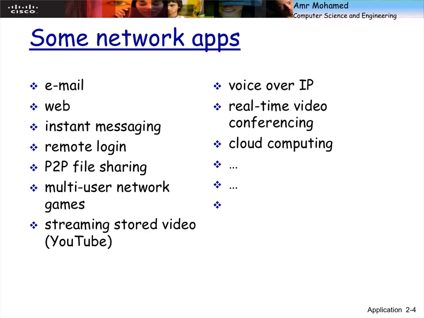So we have some network apps, or applications that use a network. This is not by any means an exhaustive list because the list is actually endless. But these applications have very diverse characteristics.